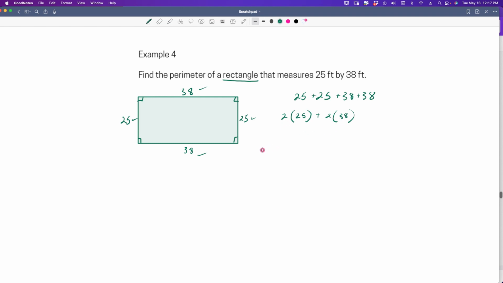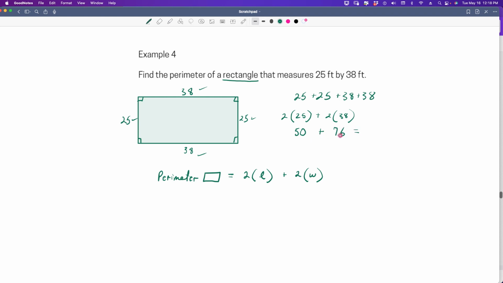So to find the perimeter of a rectangle, we have 2 times the length plus 2 times the width. That is going to be your formula for the perimeter of a rectangle. So let's go ahead and calculate that. 2 times 25 is 50, plus 2 times 38, that's going to be 76.